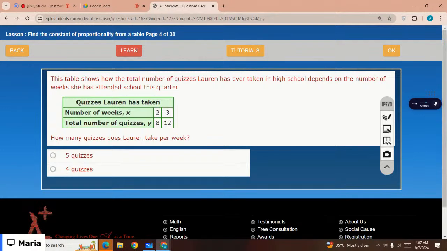The table shows how the total number of quizzes Lauren has ever taken in high school depends on the number of weeks she has attended school this quarter. How many total quizzes does Lauren take per week? So, which is the correct option?